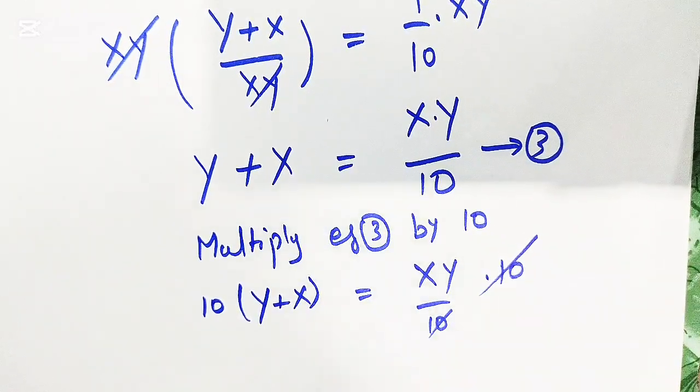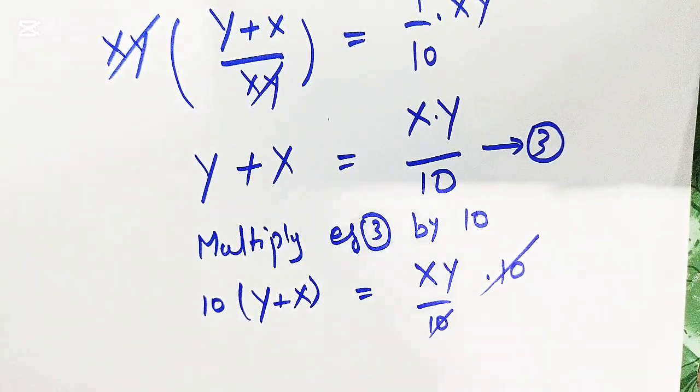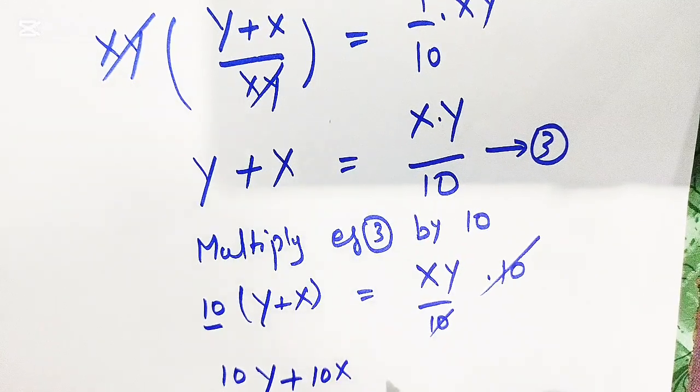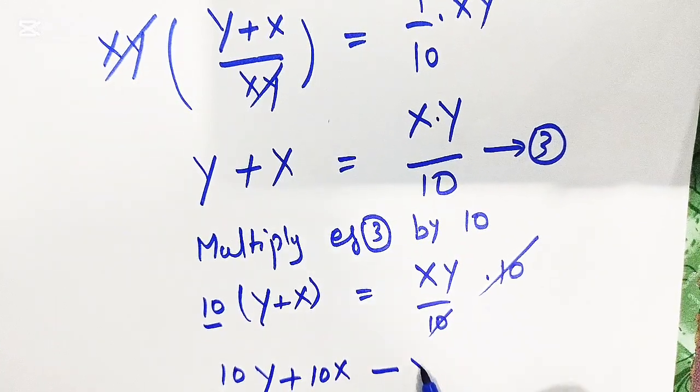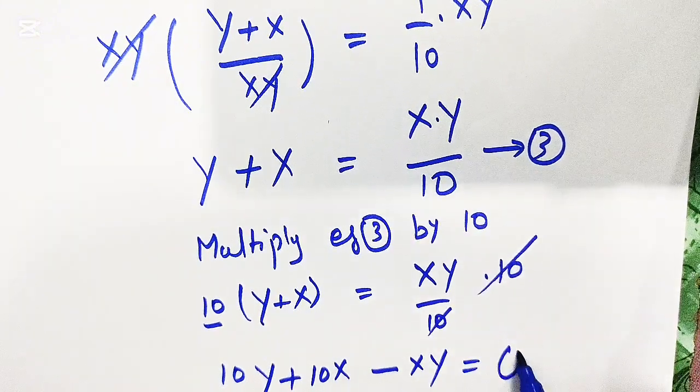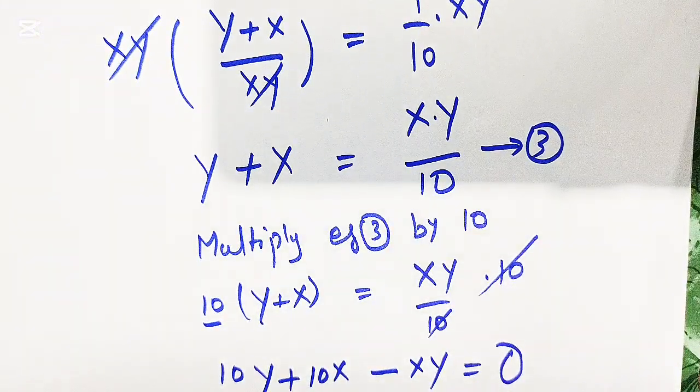The 10 cancels, and on the left hand side 10 is multiplied by y and x. I have 10y plus 10x minus xy. If I take xy to this side, it is equal to 0.